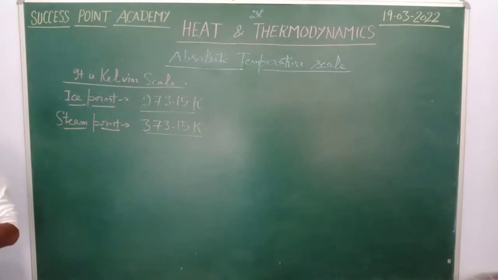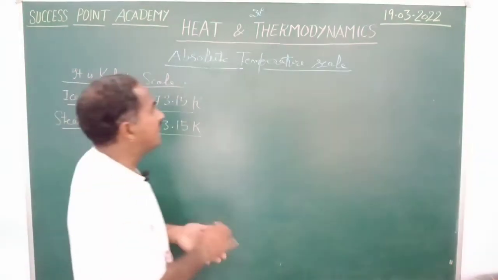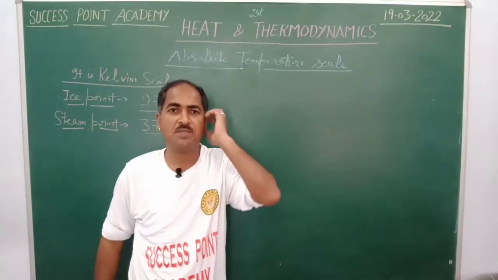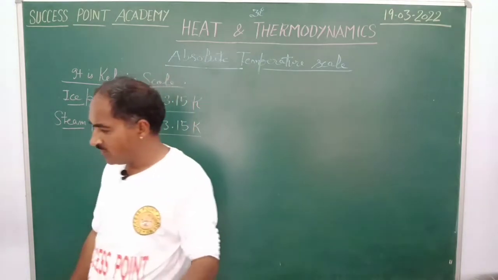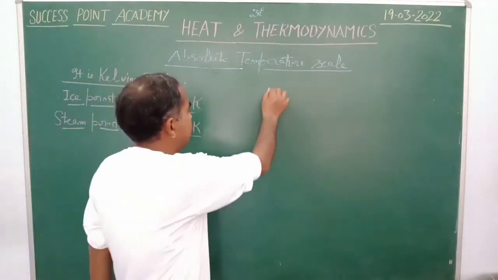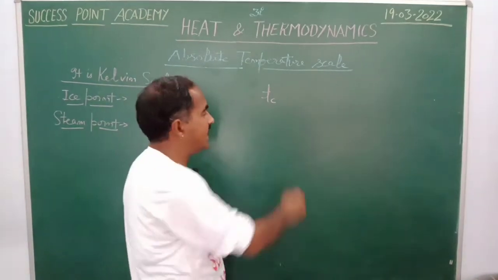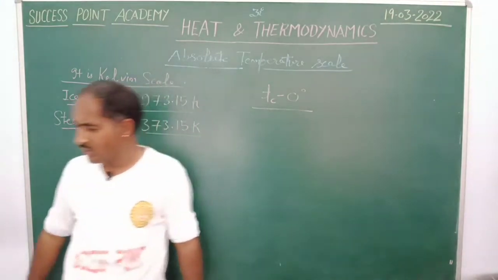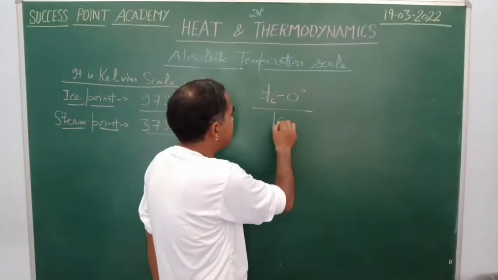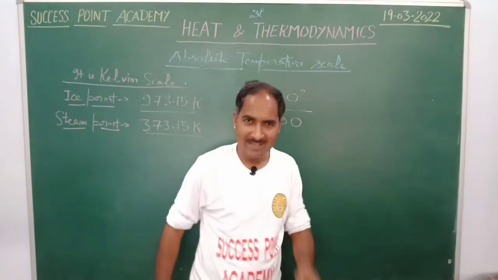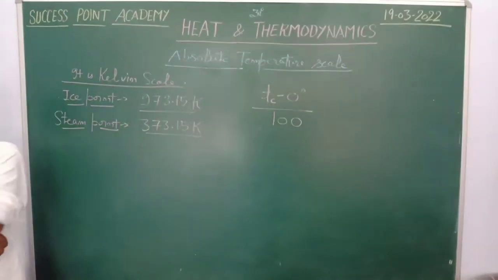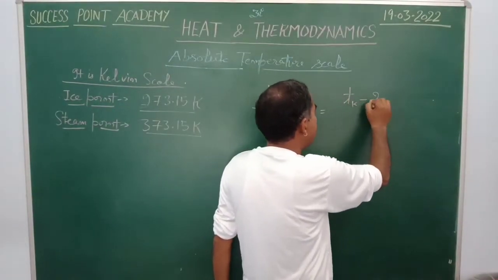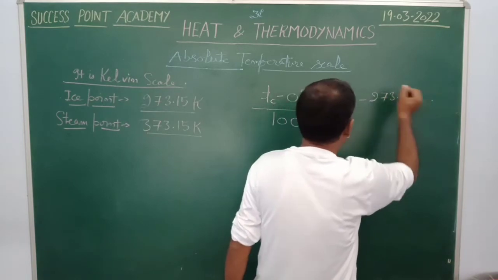Now, how can we compare the Kelvin scale and the degree Celsius scale? We have a relationship for that. It is (TC minus 0) upon 100 equals (TK minus 273.15) upon 100, where the Celsius scale has 100 divisions and TK is the temperature on the Kelvin scale.